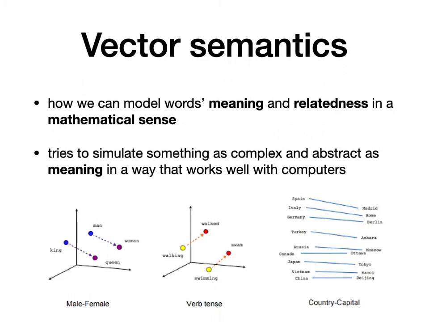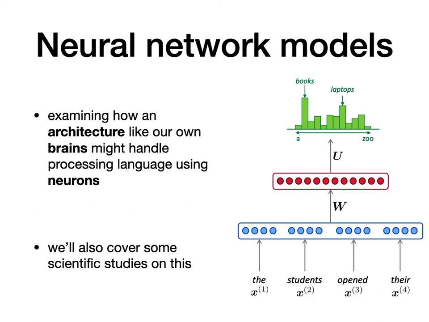We don't worry too much about that for now. This is what we will cover in the later lectures, but just a preview of what kind of things we'll talk about. And finally, the last one that we're sort of putting on the roadmap is neural network models. So examining how architectures like our brains might handle processing language using neurons.